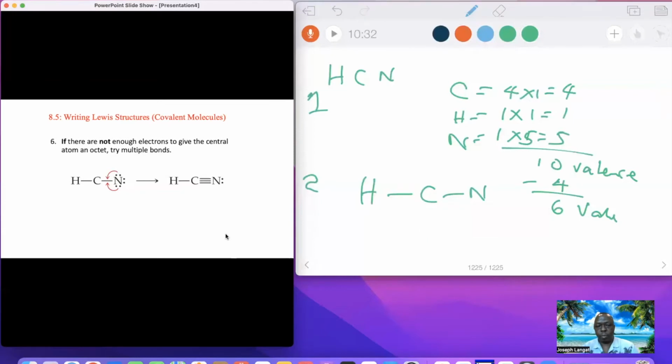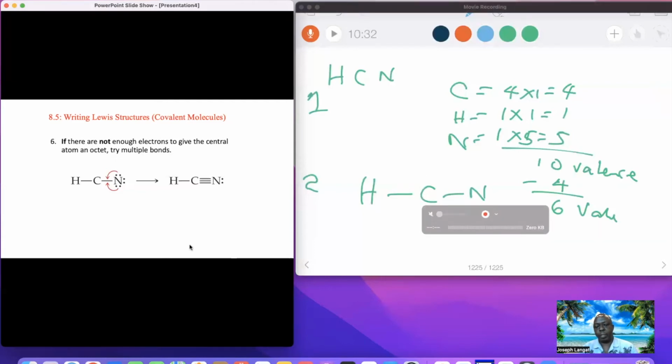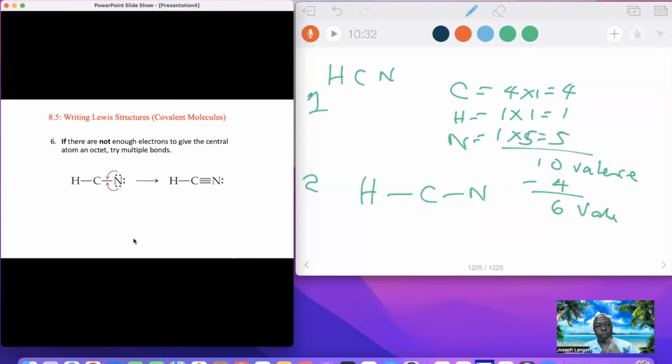That was the exception. Hydrogen only needs 2. So between carbon and nitrogen, the external atom takes first priority in satisfying the octet rule. Minus 6, we remain with 0.